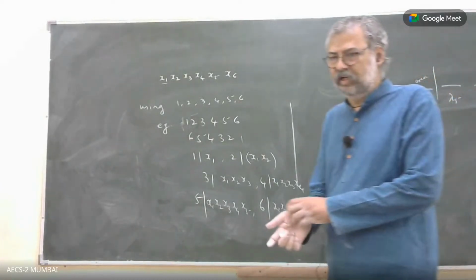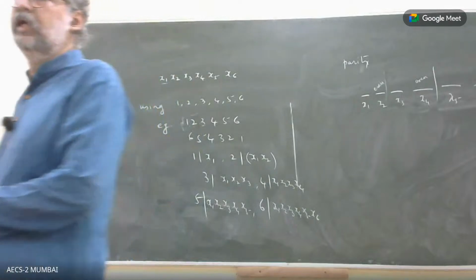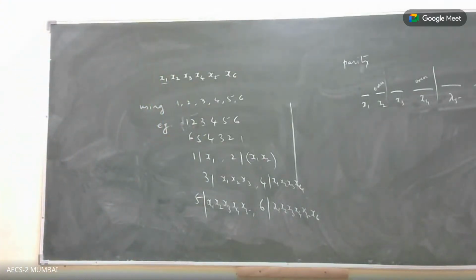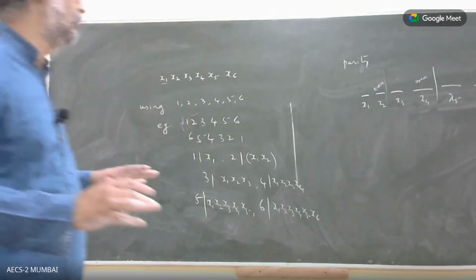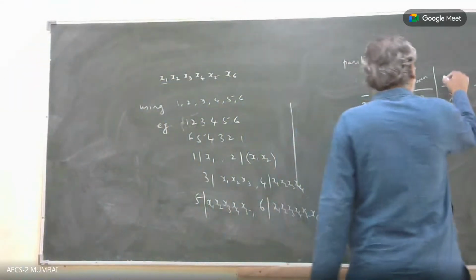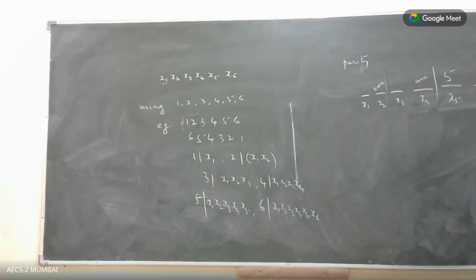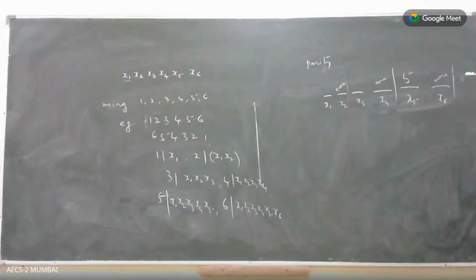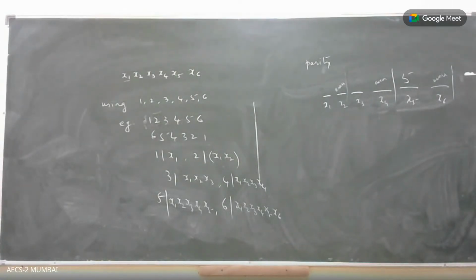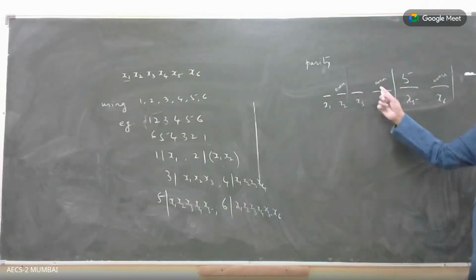Right. Where will be 5? X5 must be 5. All of you agree? Because 5 divides x1 through x5. So one digit is fixed, x5 must be 5. And these three are even.